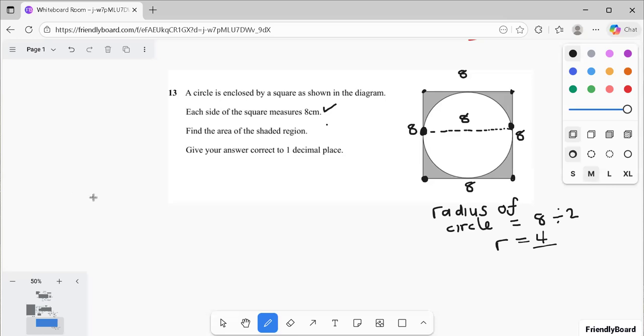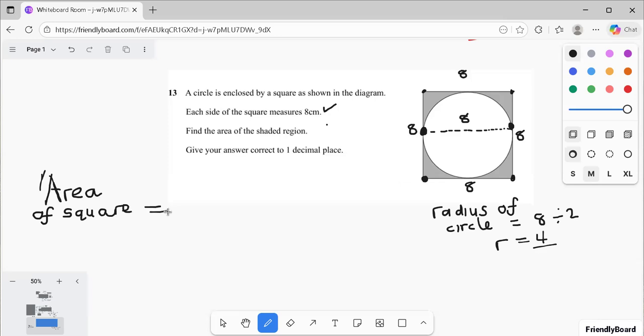So I'm going to find the area of the square.